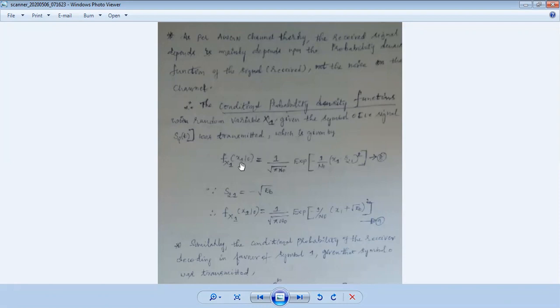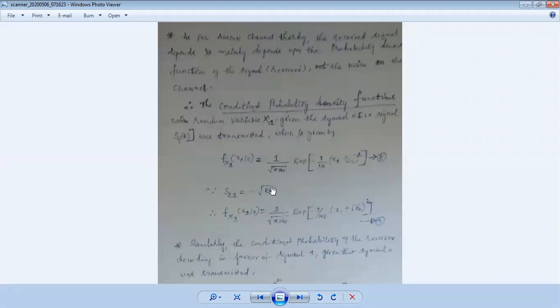Look back: x1 is transmitted, the expectation is that 0 was transmitted, but it may be detected as 1, and that is the error probability. The conditional probability function, where the received information is the same as the transmitted symbol 0, f of x1, the probability density of receiving, is given by this formula.